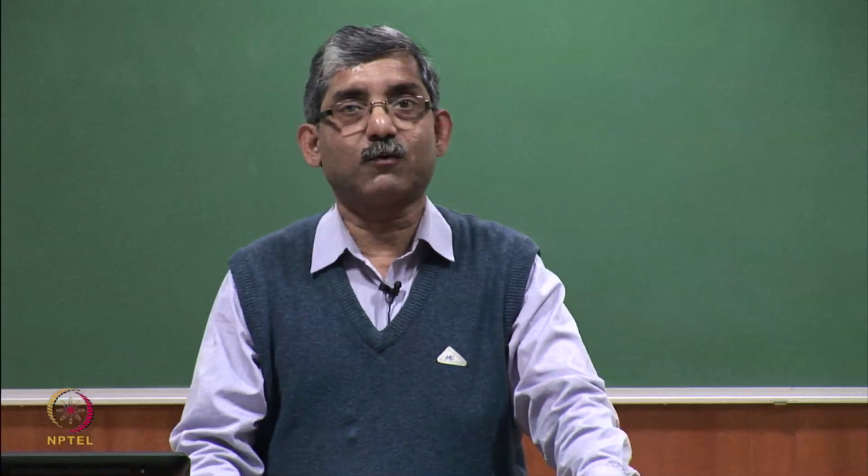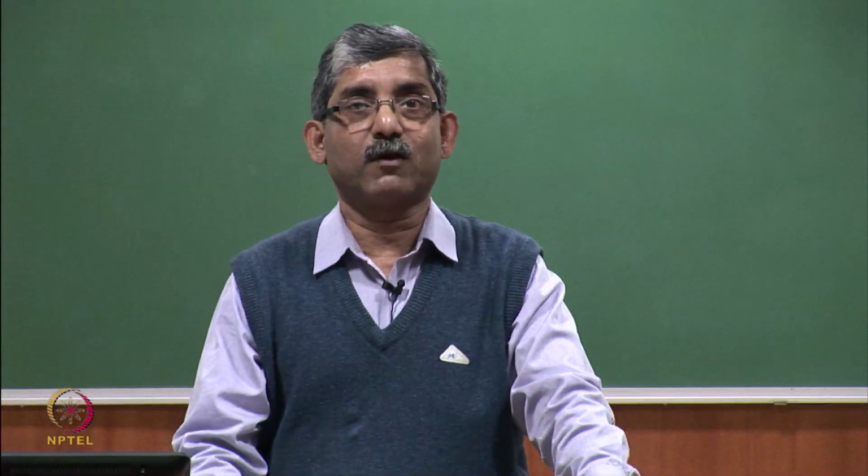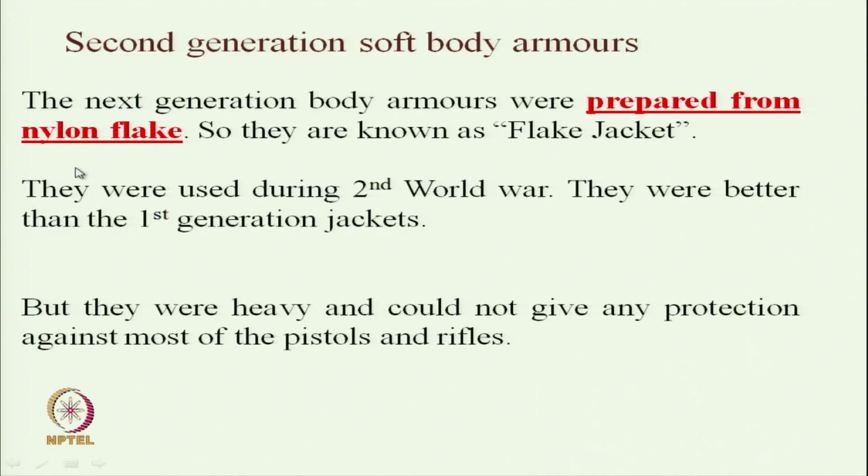The next generation body armor was prepared from nylon flak, which is inserted inside the jacket, and that is known as the flak jacket. They were used during the Second World War. They were better than first generation jackets, because these flaks were able to both reduce the velocity of the impactor and dissipate the energy.